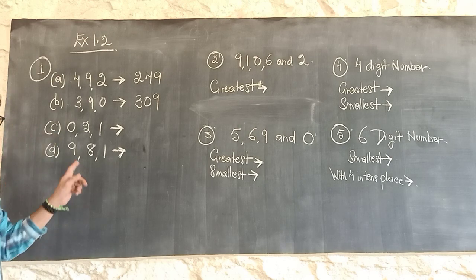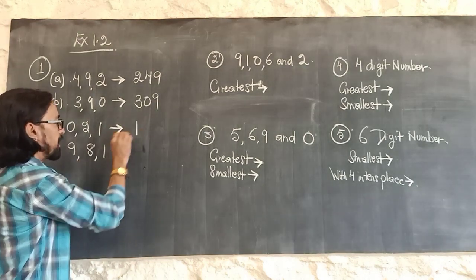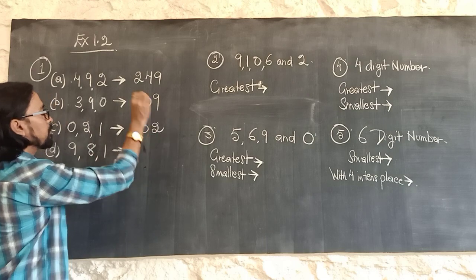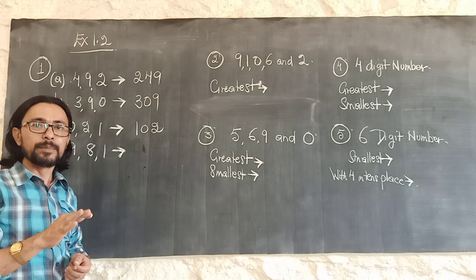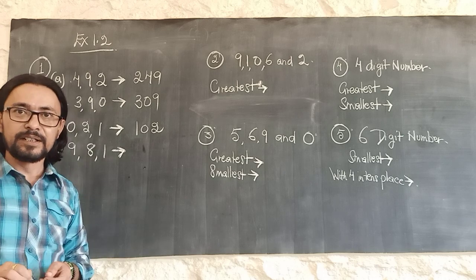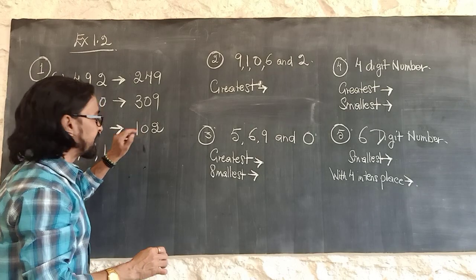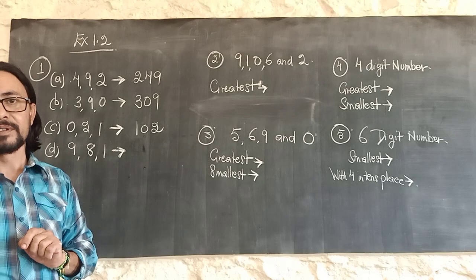Again I have a 0. I cannot start with a 0. So I go to the next larger number, that is 1. And immediately after 1 will come 0 and then will come 2. Remember, when you are forming the smallest number using digits, and if 0 is given, 0 will always come in the second place, or the second digit of the number will be the 0.